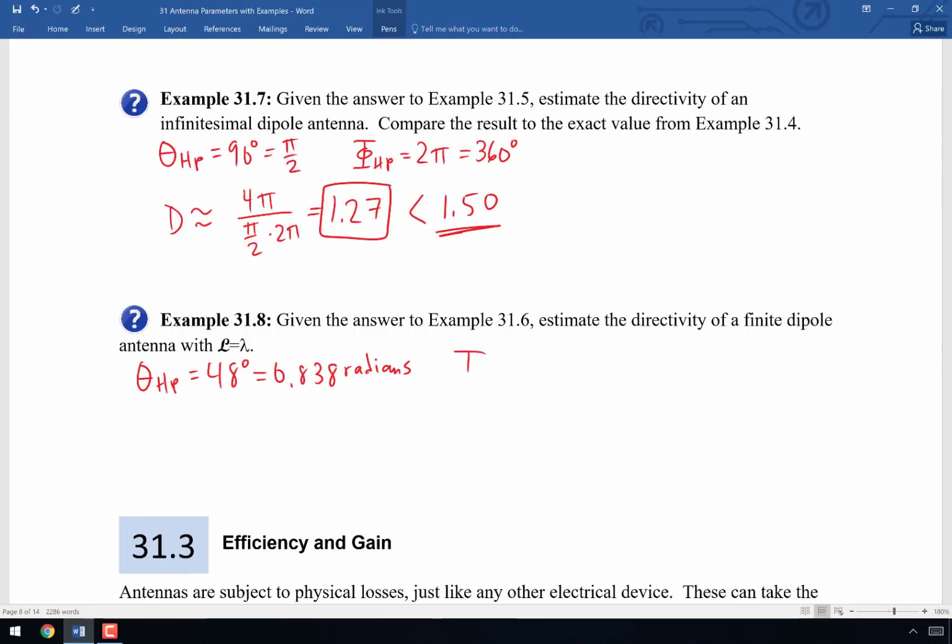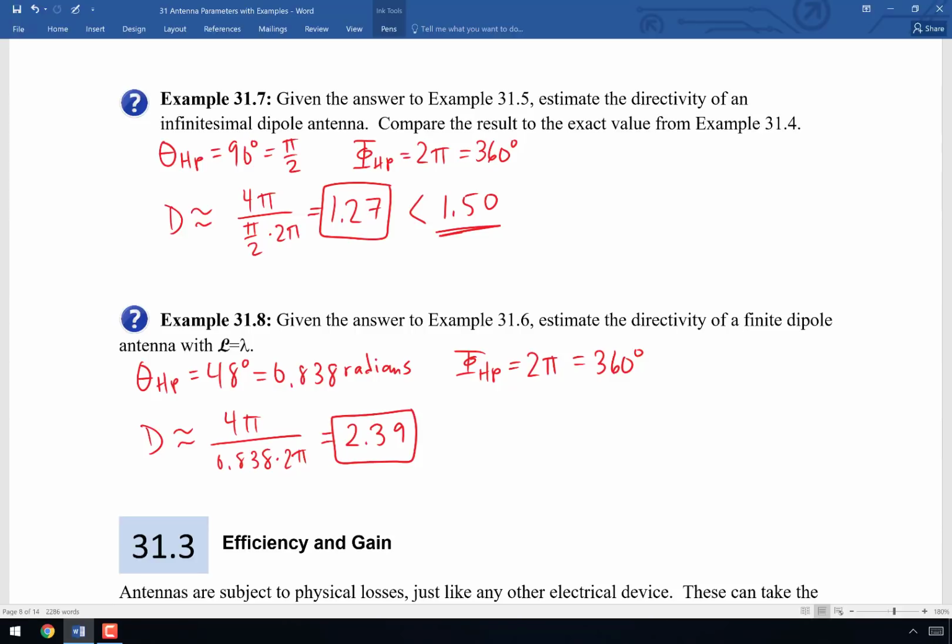And we know that phi sub half power is just going to be equal to 2 pi, which is 360 degrees. So the directivity is approximately equal to 4 pi divided by 0.838 times 2 pi. And that works out to be 2.39.